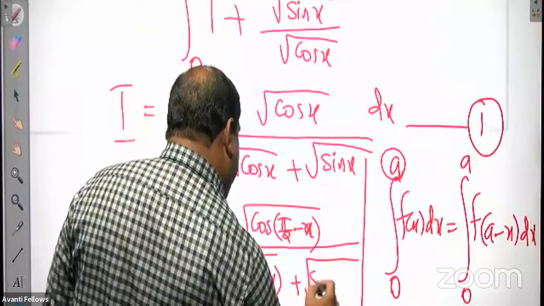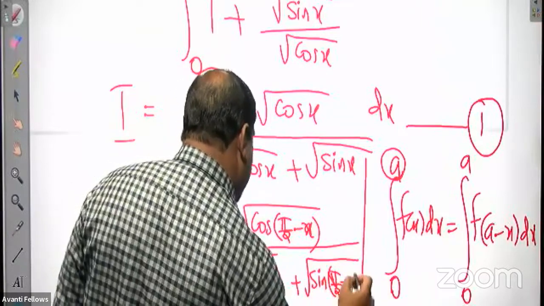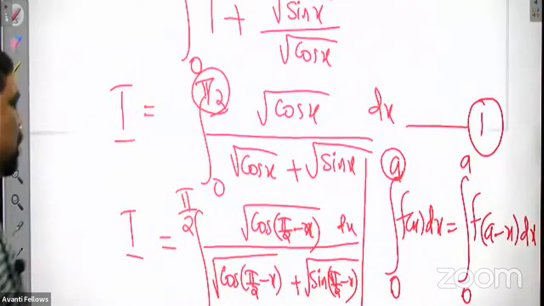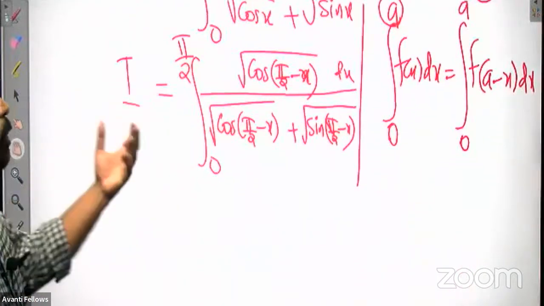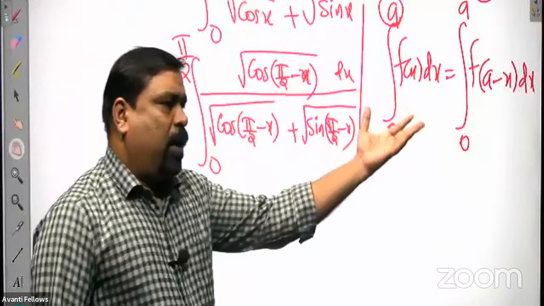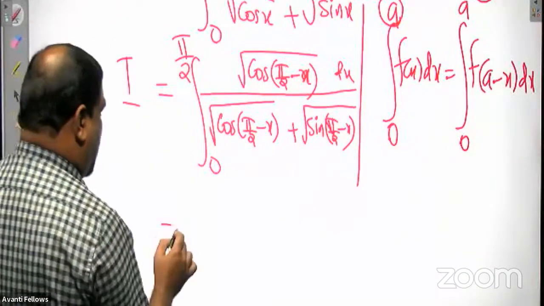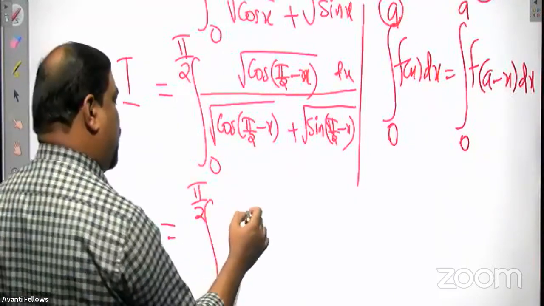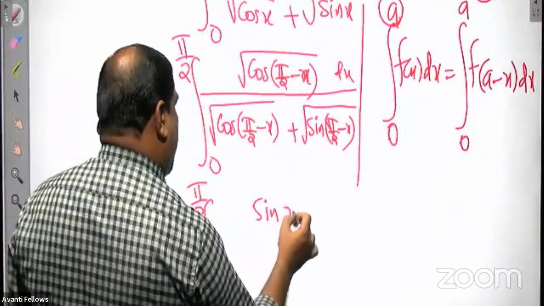Everywhere in the function, you replace x by pi by 2 minus x. That is what the property says. So that is equal to integral from 0 to pi by 2. The numerator becomes cos of pi by 2 minus x, which means sin x.